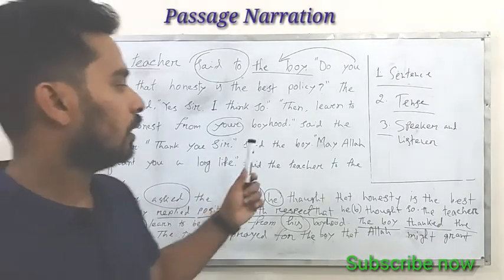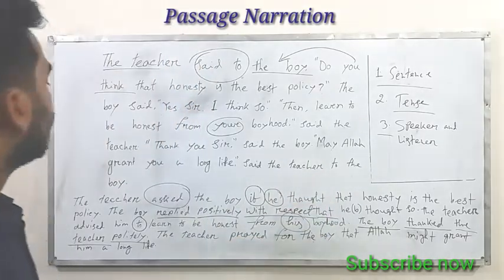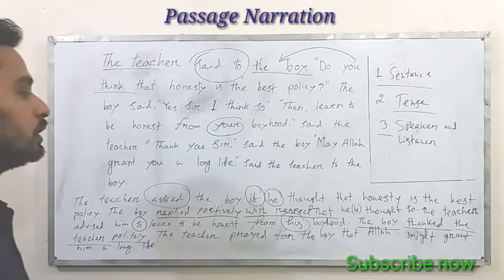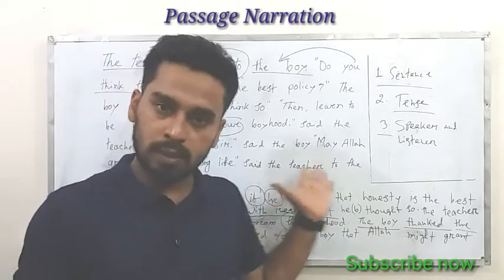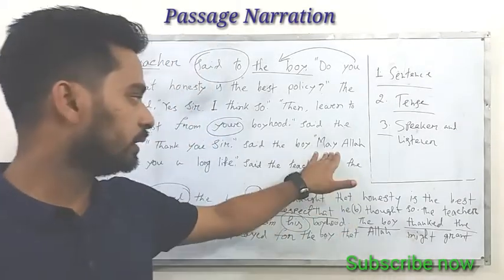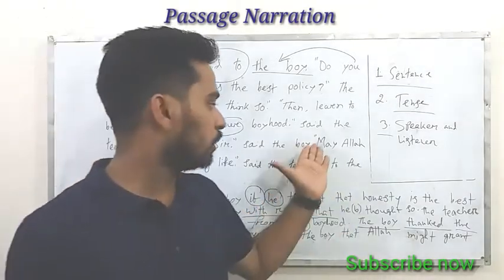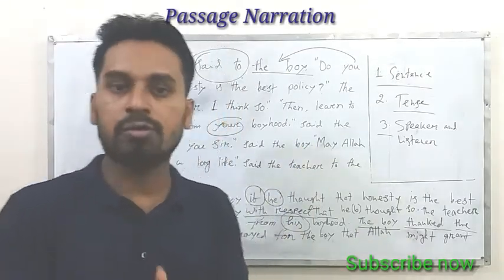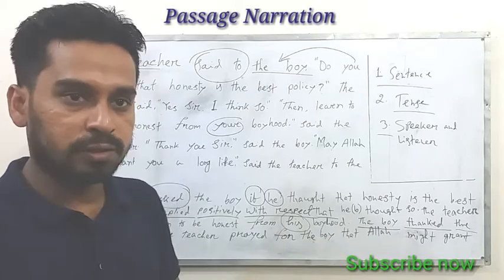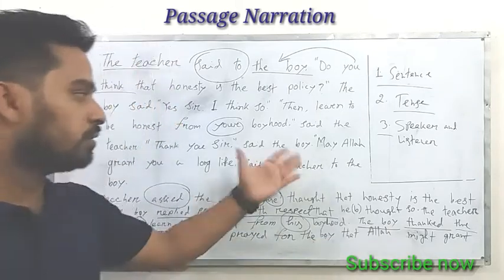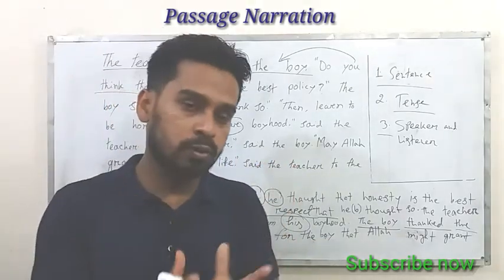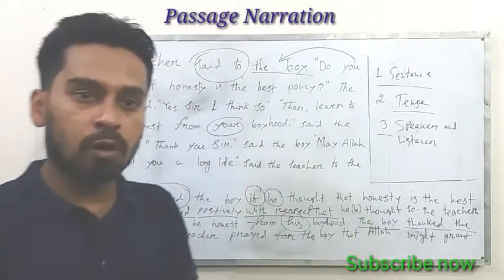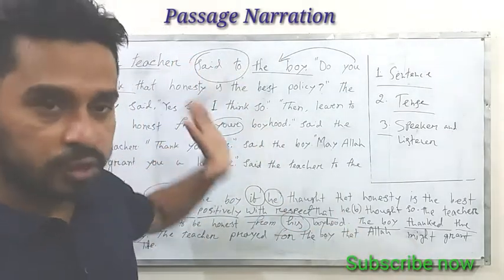Now the last sentence: "May Allah grant you a long life," said the teacher to the boy. Here the teacher is the speaker, the boy the listener, and this sentence is an optative sentence because may Allah grant you a long life. Here the teacher is praying for the student. Okay, so for an optative sentence we have to use wished or prayed for the reporting verb said to.